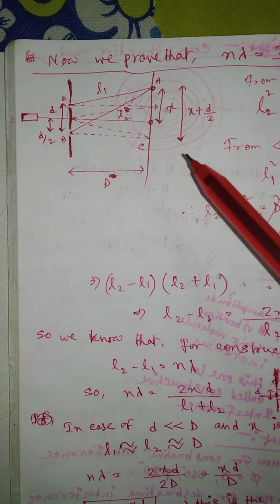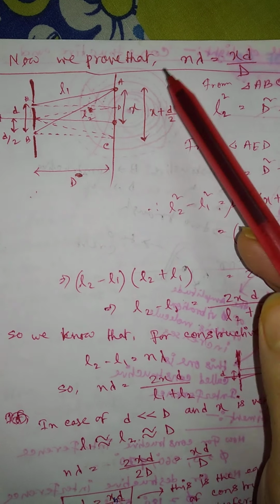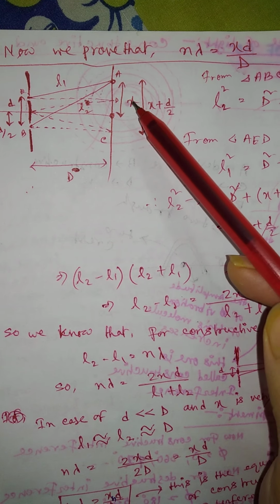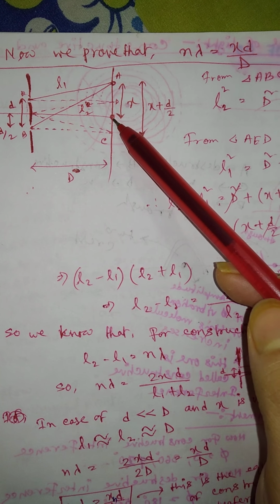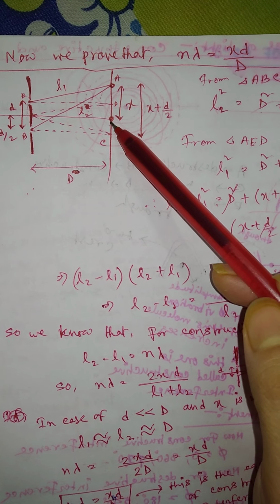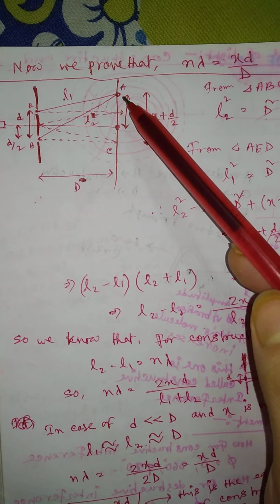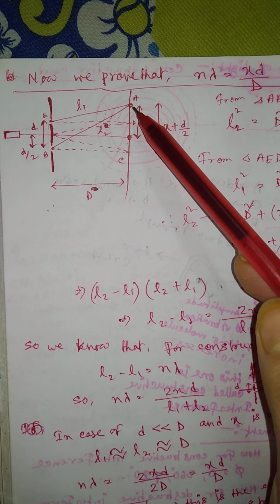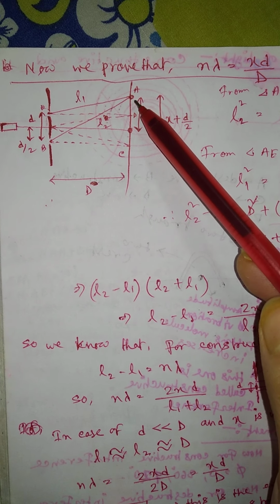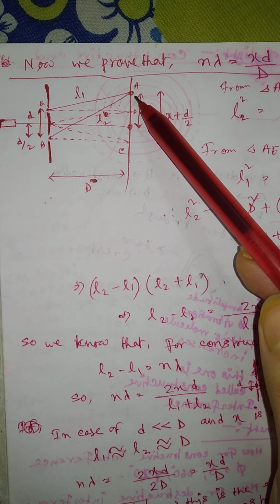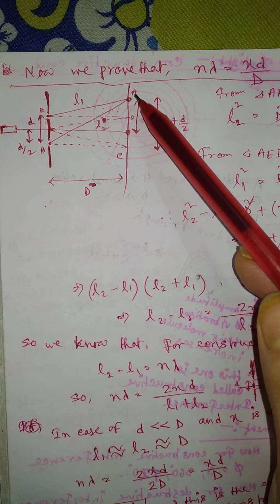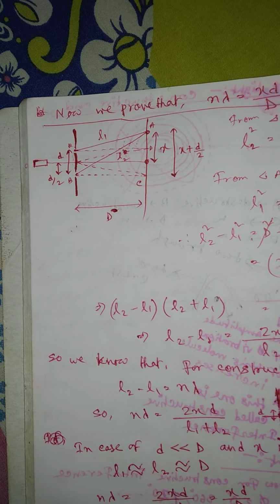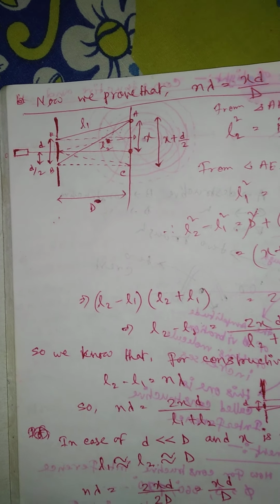Okay, so just look at here. Here I am taking a point P which is at distance x from the center. Now here we will find what type of interference or what type of fringe we can get at that point.